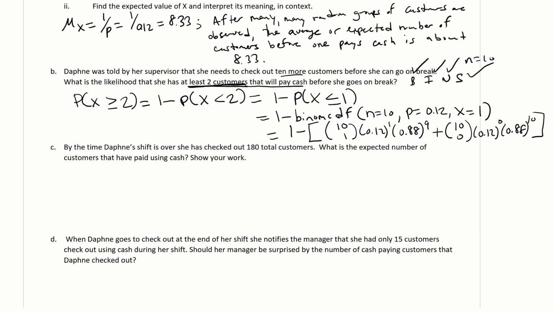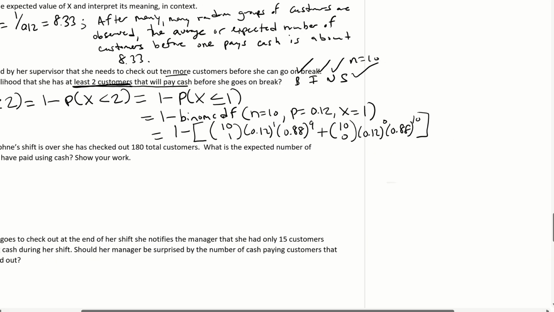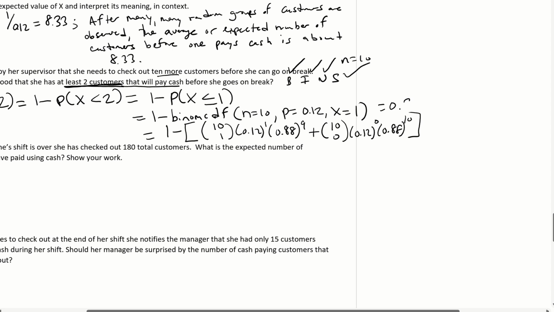Okay, so that's just another way of doing it if you're doing it with calculation. All right, so if you do that, you get 0.3417.